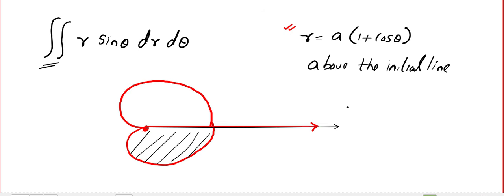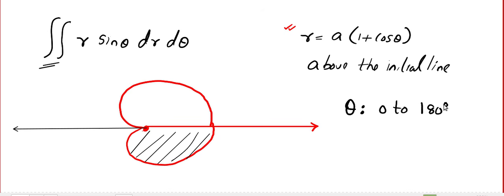So this is 0 degree and it goes 90 degree, 120 degree, 130, 140, 150, 160, 170, 190. So I am going to write theta varies from 0 to 180 degree. Or I am going to write in radian measurement, theta varies from 0 to pi.